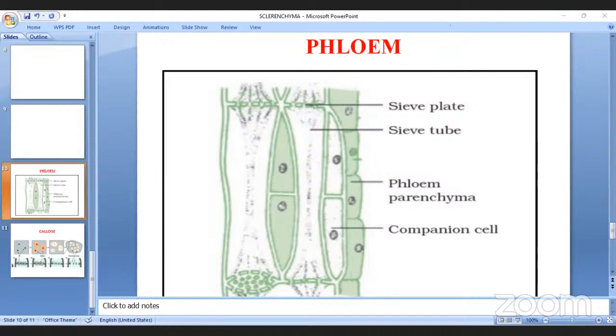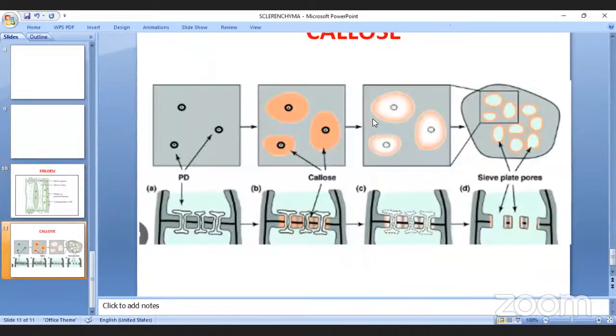Right. And the next type of cells are phloem proteins, P proteins. And next one. So this is the sieve plate in sieve vessels, sieve tubes.